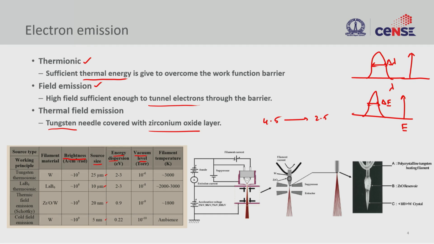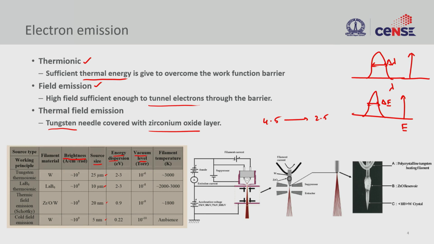If you look at other sources, like lanthanum bromide, you have 10 micron as your source size, which is pretty good. You have a very sharp focus, but the vacuum level needed here is very aggressive, so you need to spend a lot of energy in getting the vacuum.